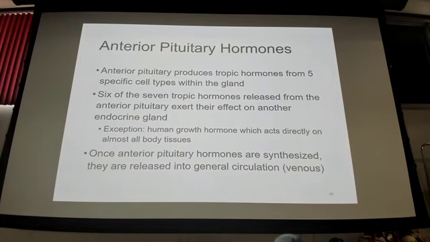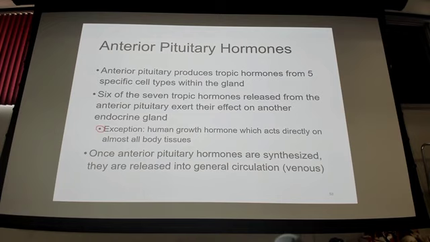All right. The only other one, the only weirdo in the anterior pituitary is that human growth hormone affects everything, as it is named, right? Most of the other hormones that are made by the pituitary have a direct effect on a certain organ. Thyroid, adrenal gland, gonads. Okay, does that make sense? So a direct target versus HGH, which is globally effective.